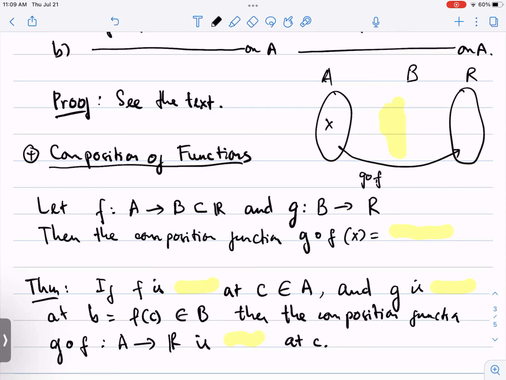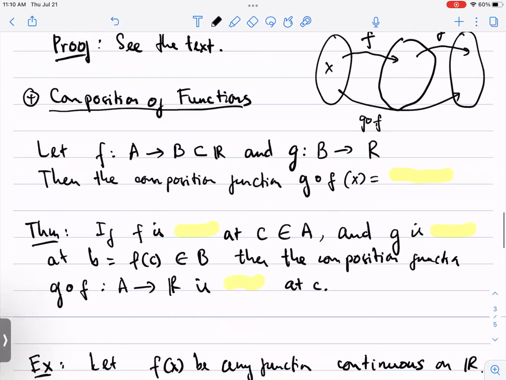Next, we're going to discuss composition of functions. So here, the situation is as follows. We have a function f from the set A to a set B, and then we have another function g from the set B to the set of all real numbers.